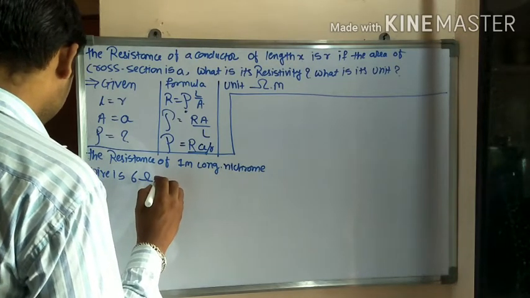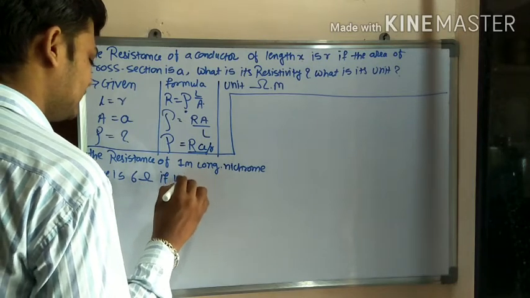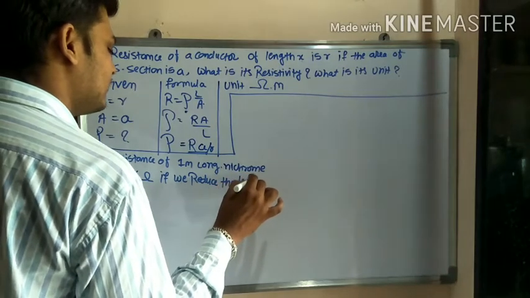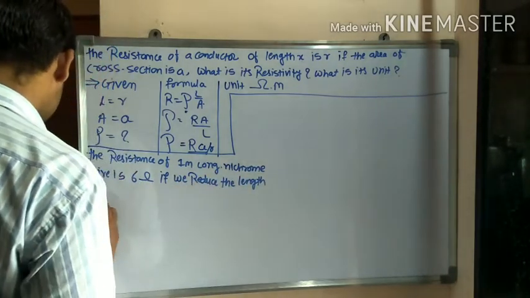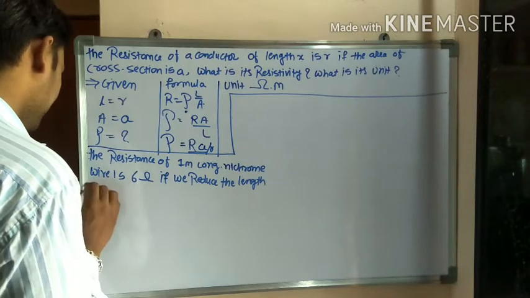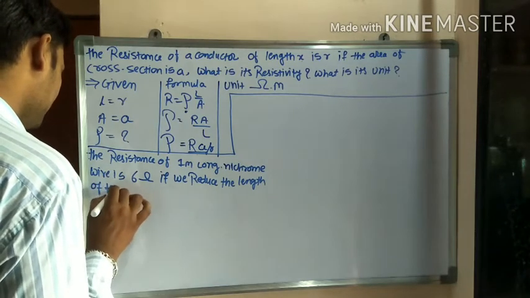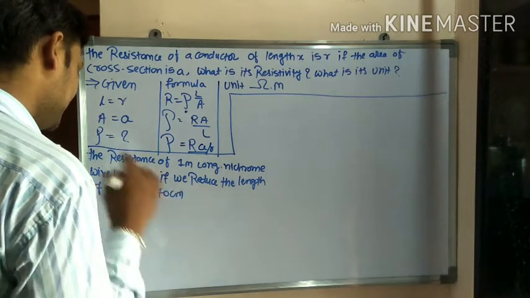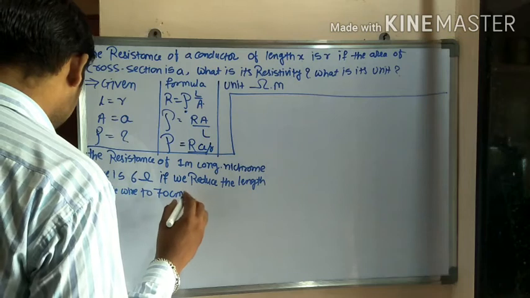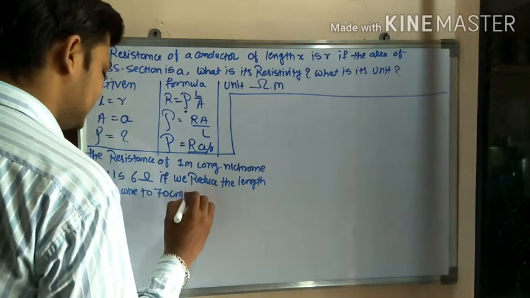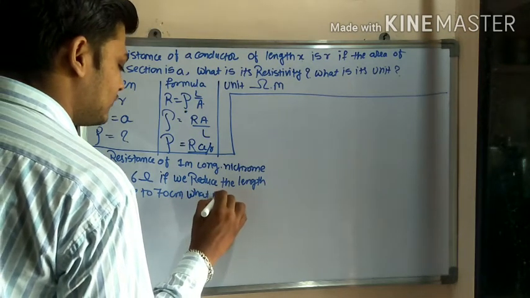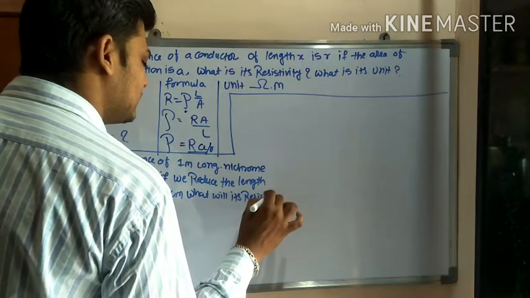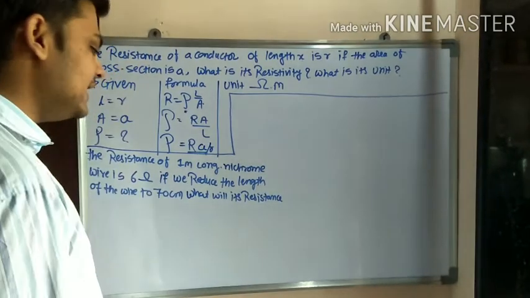If we reduce the length of the wire to 70 centimeter, what will be its resistance?